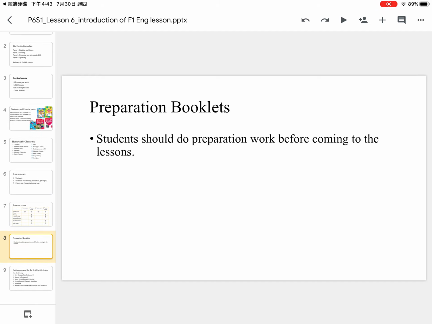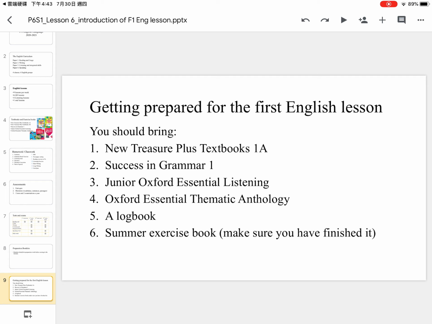All right. So at the end, I would like to remind you of what you have to prepare for your first English lessons. The first day you come to our school, you should know when you will have your first English lessons.